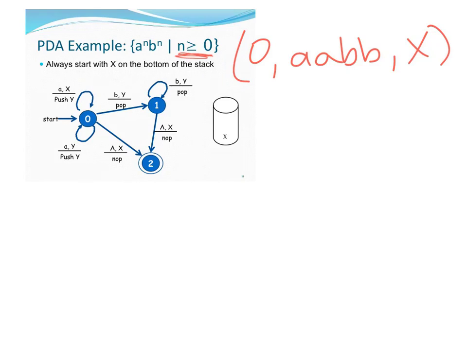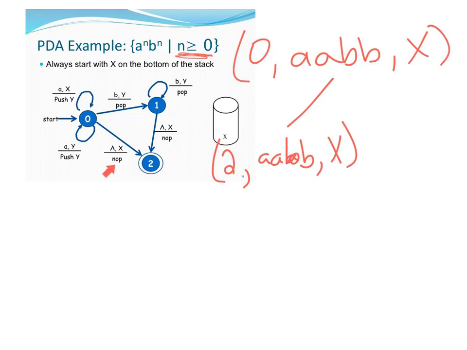So let's split this off, and we'll say if we take the first thing and we go to state 2, then we still have our entire string, AABB, and an X on the stack, because it was a no-op at the bottom of the transition.